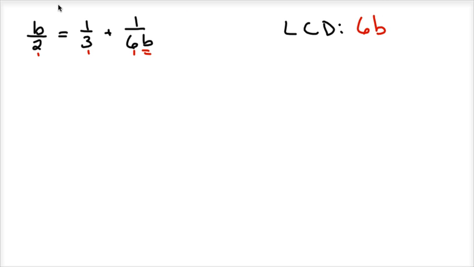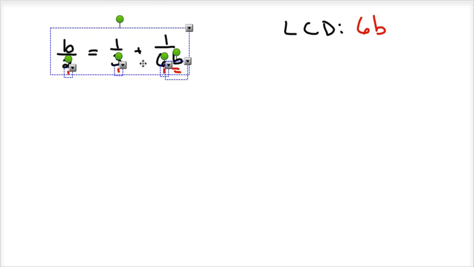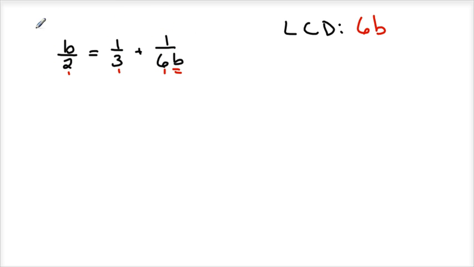Alright, so if I multiply all these by 6b, and I'm doing this to clear my denominator. My first one, 6b over 2, what simplifies? The 6 and 2 simplify, leaving me with 3b. So I'm multiplying my first one by 3b.